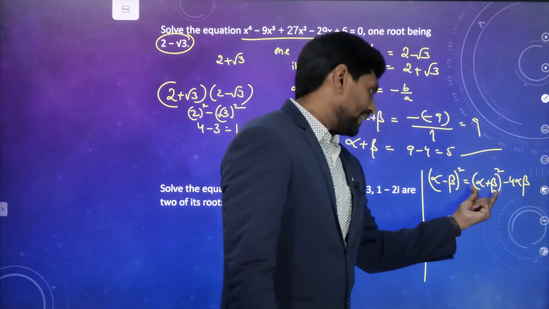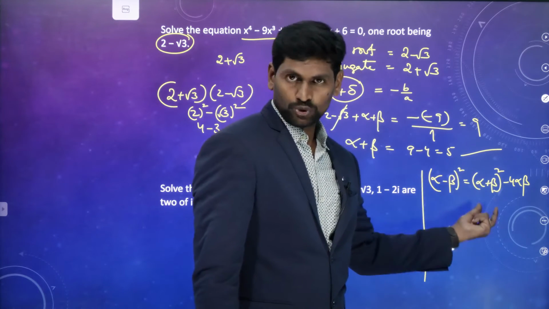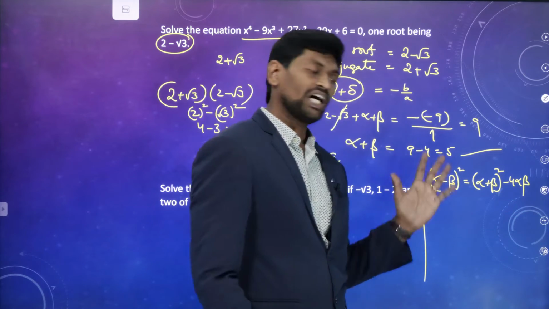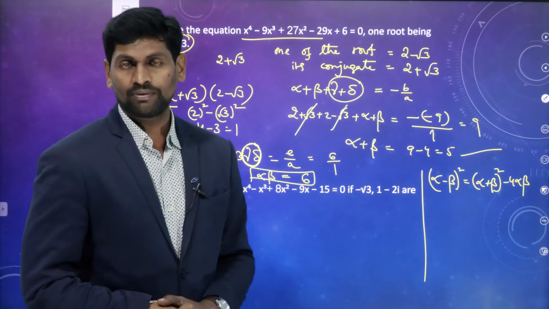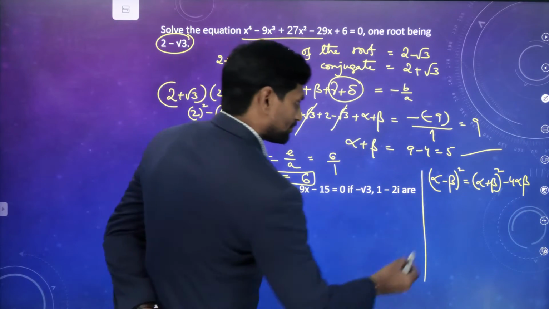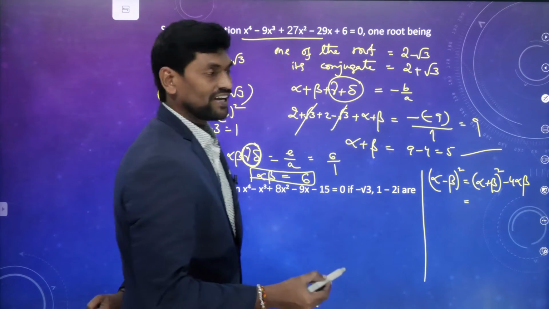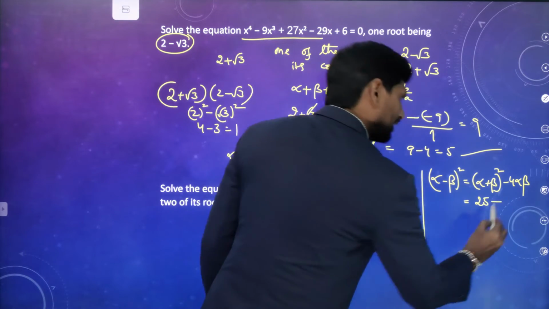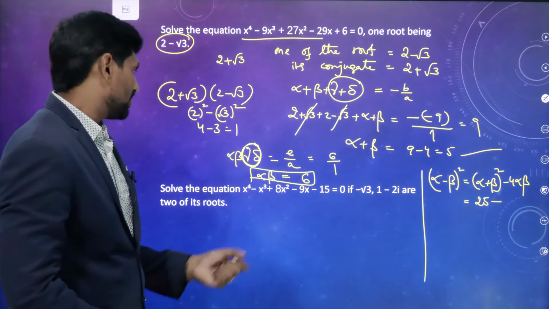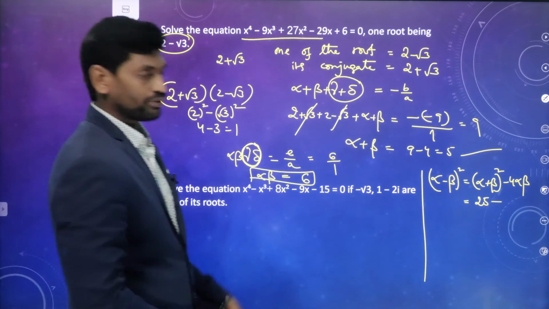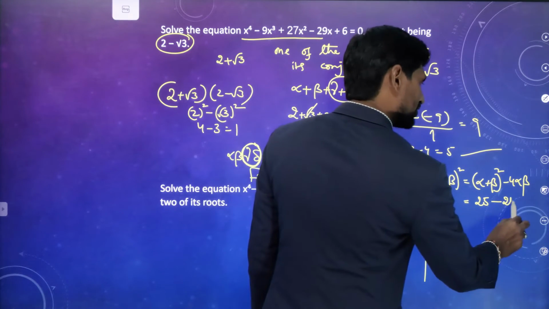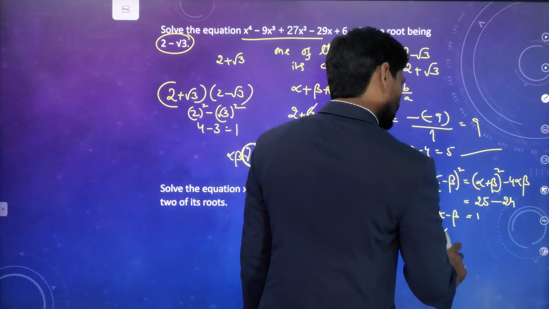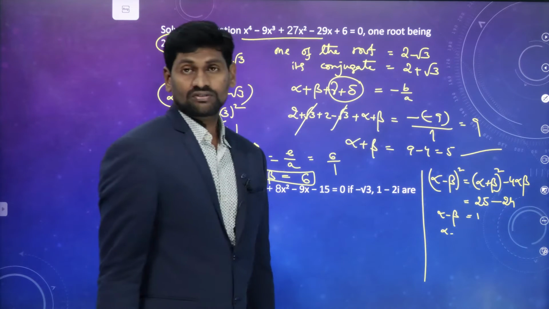Because a plus b whole square is a square plus b square plus 2ab, and 2ab minus 4ab becomes minus 2ab, which is the formula for a minus b whole square. Let us substitute here. Alpha plus beta value is 5, and 5 square is 25. And alpha into beta value we got is 6, so 4 into 6 is 24. So 25 minus 24 is 1. Sorry, alpha minus beta whole square equals 1.